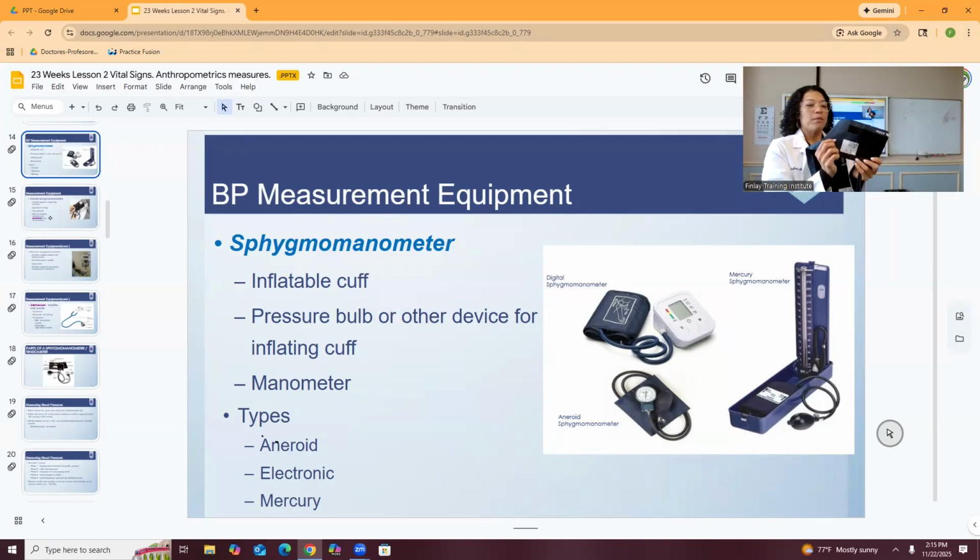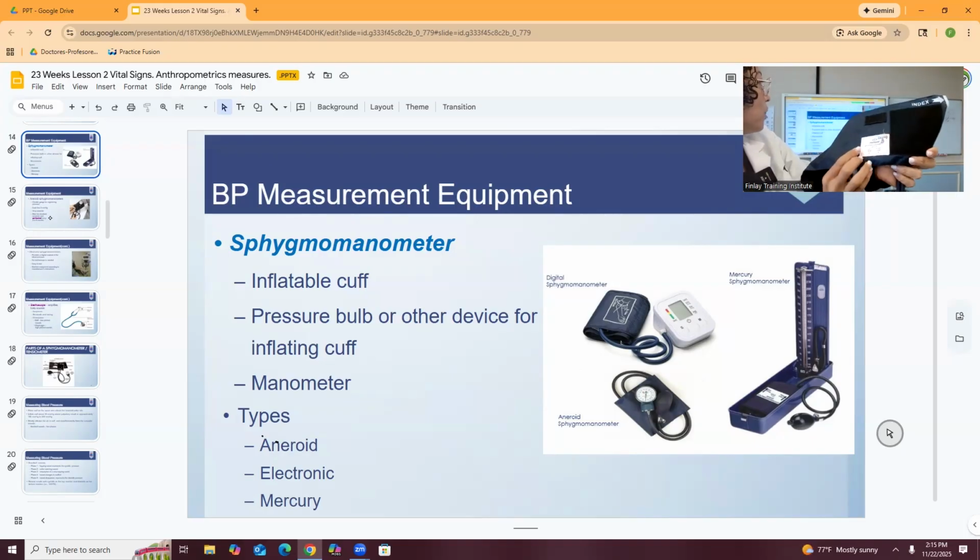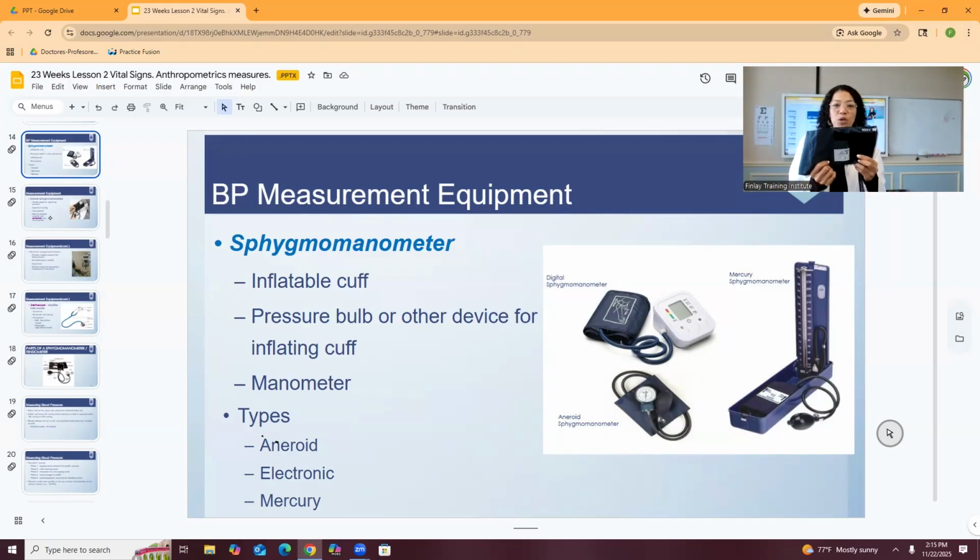Mostly it is going to show left arm with an arrow and right arm with an arrow, depending on what arm you use to take it. The arrow indicates where you feel the brachial artery or any artery that you will use.